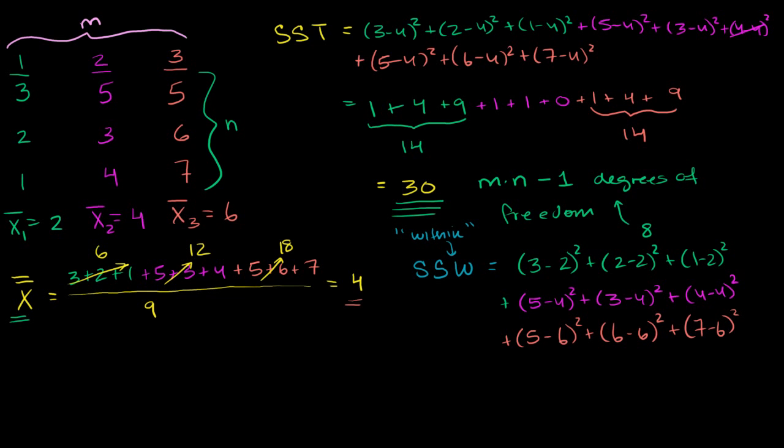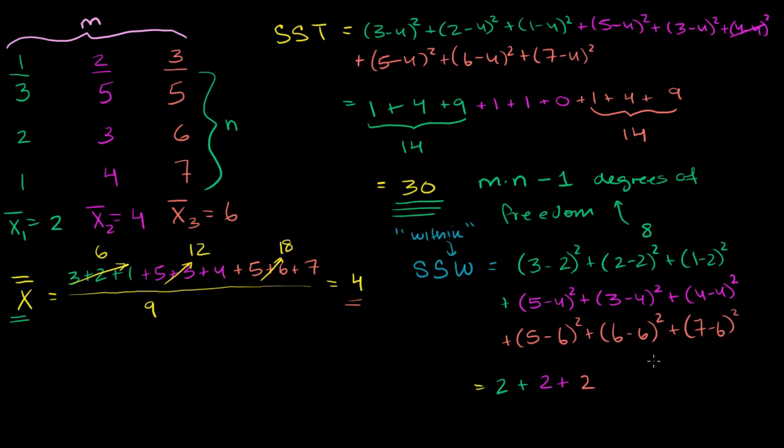And what is this going to equal? Up here it's going to be 1 plus 0 plus 1, so that's equal to 2. Plus, this is going to be equal to 1 plus 1 plus 0, so another 2. Plus, this is going to be equal to 1 plus 0 plus 1. 7 minus 6 is 1, squared is 1.